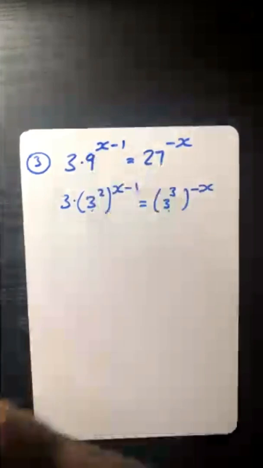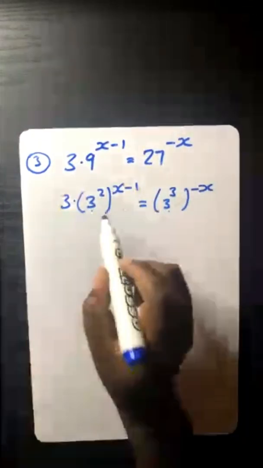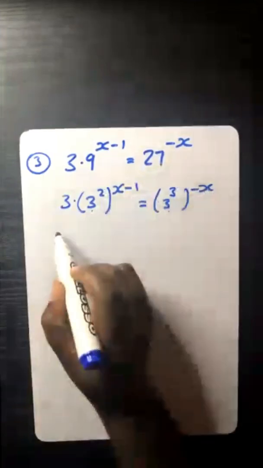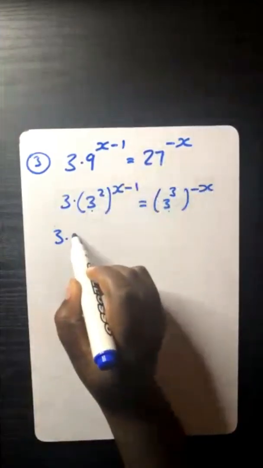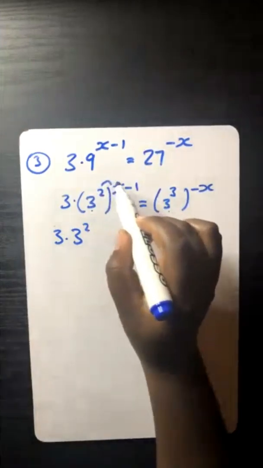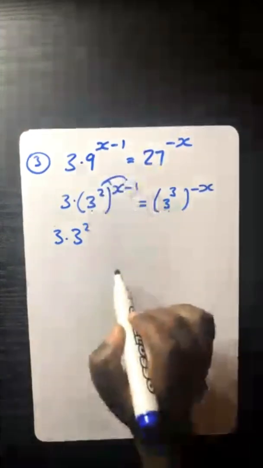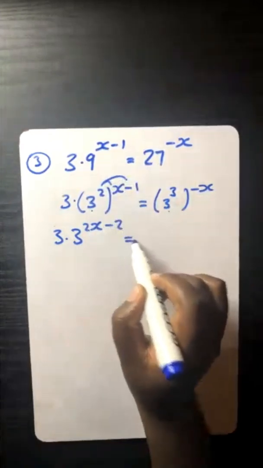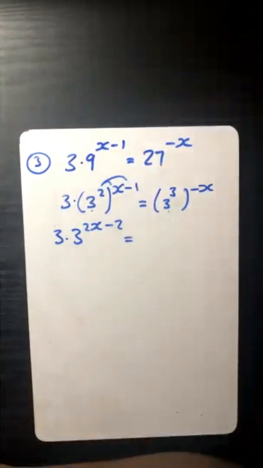Now we multiply the exponents, which means we're going to have 3 multiplied by 3 to the exponent 2 times x minus 1, and again 3 times negative x. So that means we've got 2x minus 2. I'm not sure if you understand that one, Shreyas. Yes, I understand, sir.